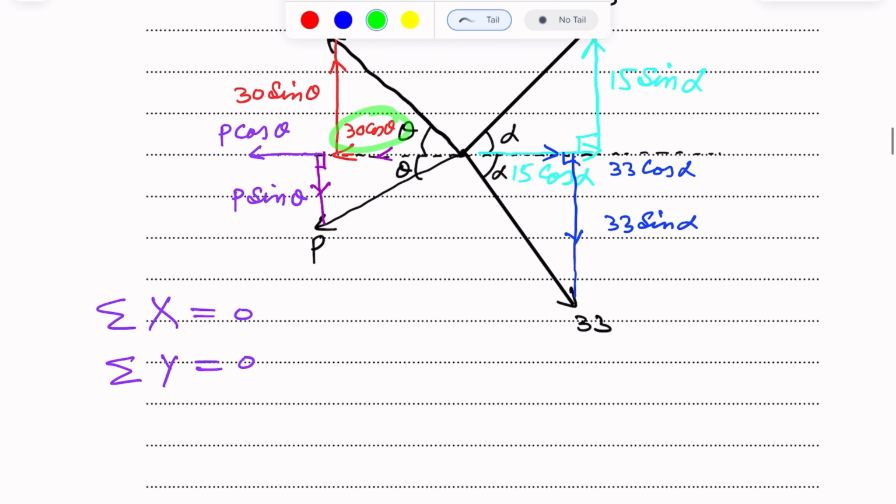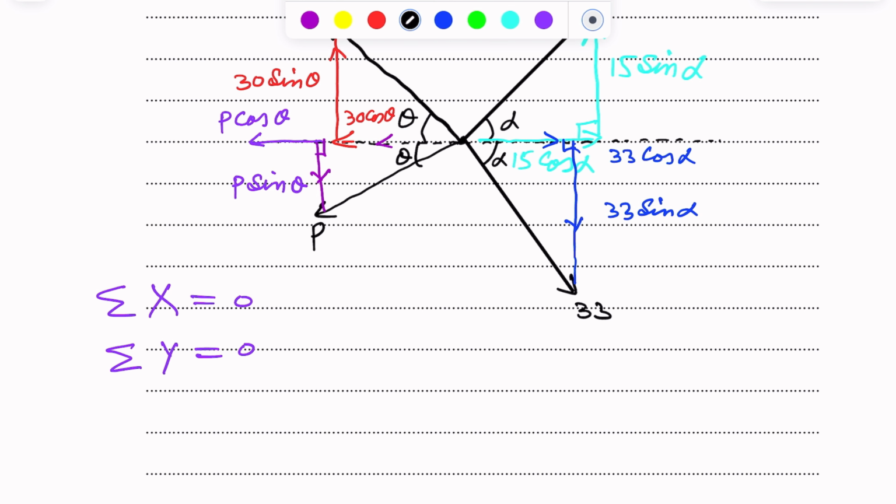So we write 15 cos alpha plus 33 cos alpha minus 30 cos theta minus P cos theta is equal to 0.